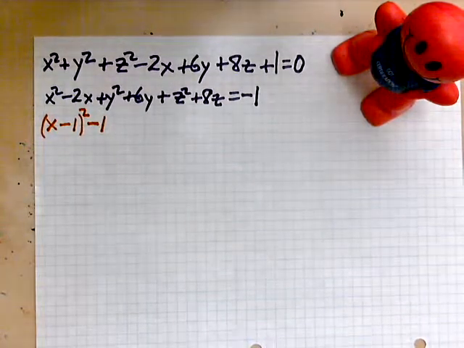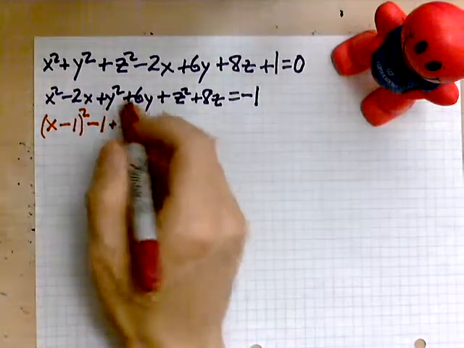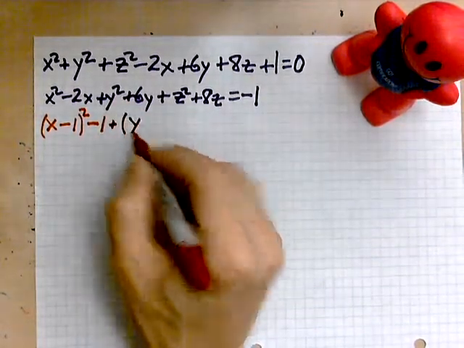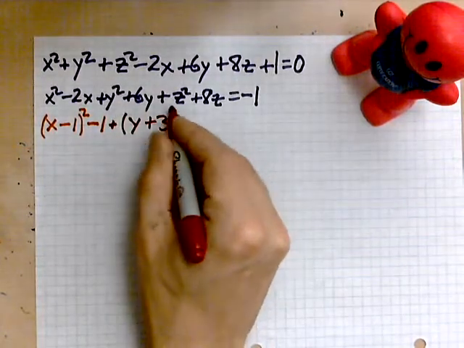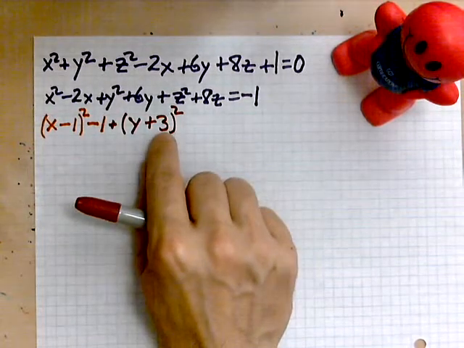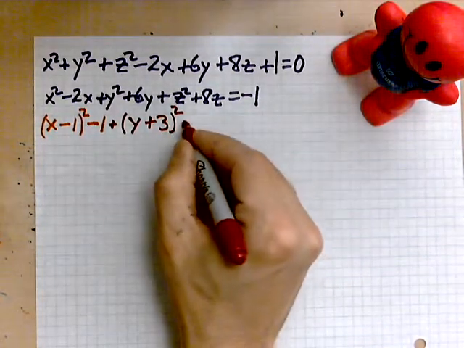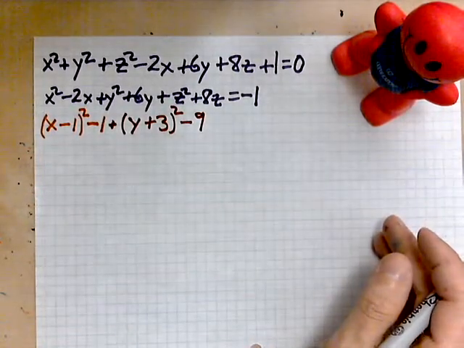Now, apply this technique to the y. So your y turns into y plus 3. The whole thing is squared, and then from this you subtract the square of the 3. Okay, so it looks like this.